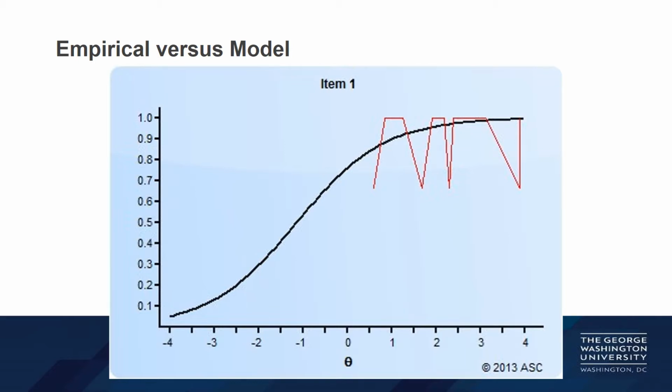So here is an item response theory characteristic curve for item 1. We see the black line is again our plotted item characteristic curve, mathematically, and the red line is where people are actually located on that item. So that's their probability. It's actually binned persons. I'll get into more of that in the advanced course, but you can look to see persons at those different points where they're actually located.